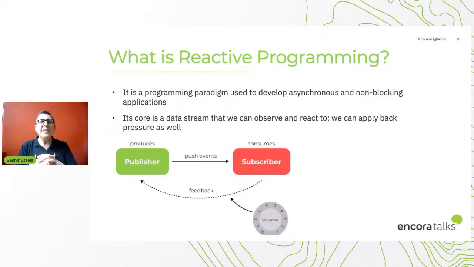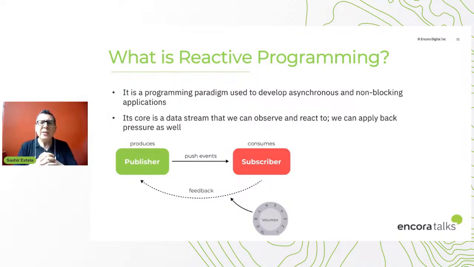In the image, you can see the main components in reactive programming. We have the publisher and the subscriber. The subscriber subscribes to the publisher in order to be notified when the publisher is generating events, is pushing events.